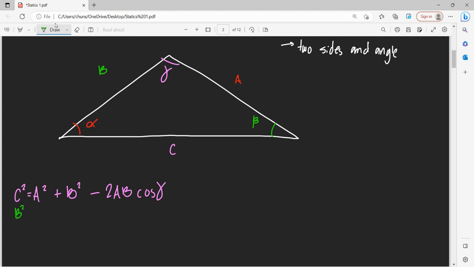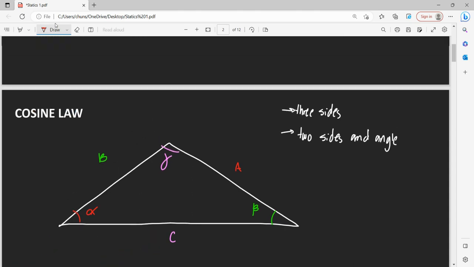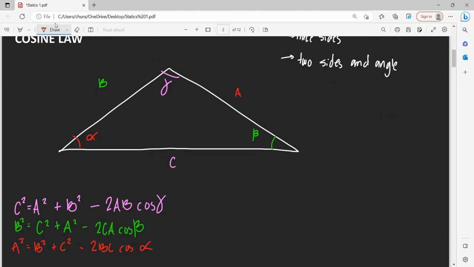So b squared is equal to c squared plus a squared minus 2ca cos beta. Lastly, a squared is equal to b squared plus c squared minus 2bc cos alpha. Right, so both of these laws are going to be helpful when we are breaking down our vectors.